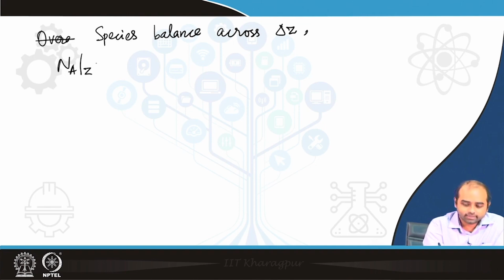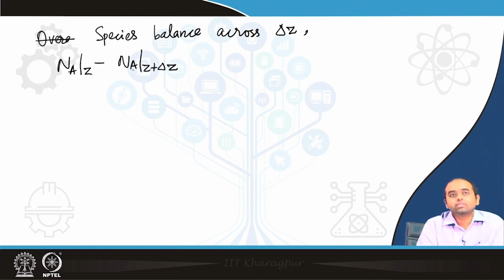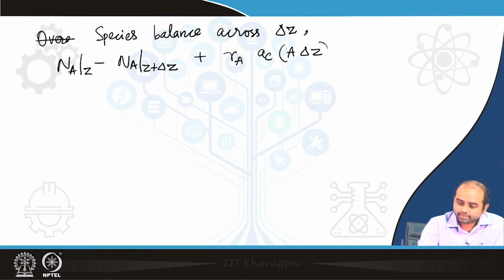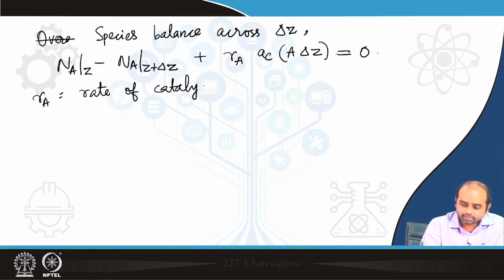So, N A at Z minus N A at Z plus delta Z. So, this is the change in the axial flux, which can be equated to the accumulation, which is the reaction in this case, or the consumption, R A A C delta Z is equal to 0. So, here R A is the rate of chemical reaction or the rate of catalytic reaction.